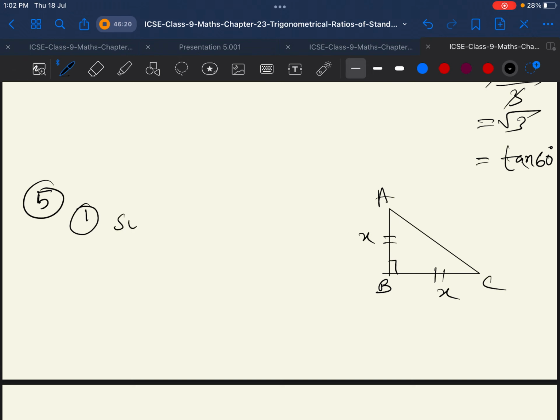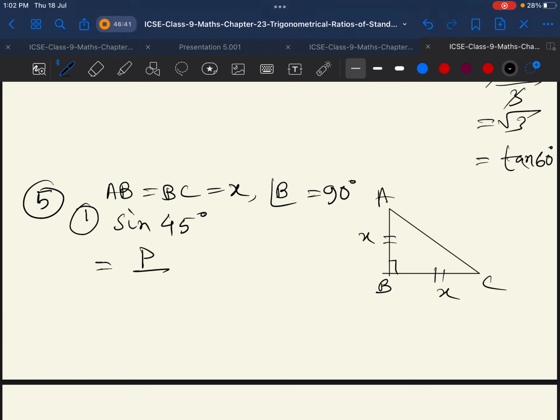Okay. So you see sine 45 here, given condition AB equals to BC equals to x, and ABC is a right angle triangle. Okay, B angle is here 90 degree, right angle. So now sine 45, we know sine theta is perpendicular by hypotenuse. Here perpendicular of this angle is 45. The opposite side of this angle is perpendicular.